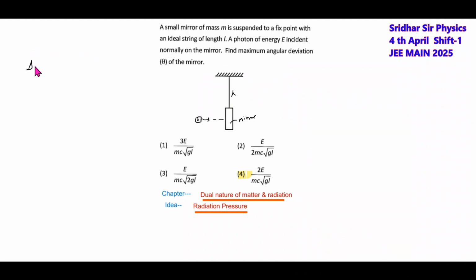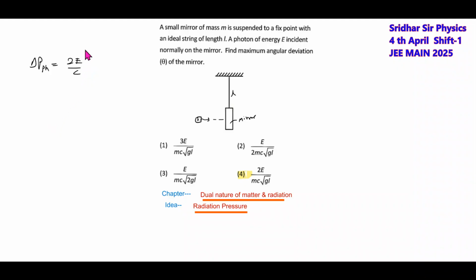So the change in momentum of the photon, delta p, should be equal to 2 times E by C. This is the expression. E by C is the momentum of the photon. Because what is the expression for momentum of photon? H by lambda. Momentum of photon is H by lambda. In terms of energy, we can write E by C. Okay, done. Some basics everyone should know.